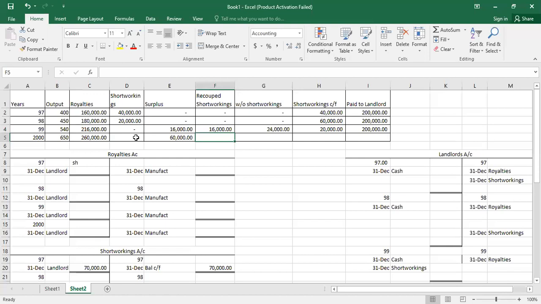We have only short workings of 20,000, isn't it? So although we have a surplus of 60, our short workings is the only thing that we can recoup, which is 20. So we are not writing off. So what are we going to pay to the landlord? You've recouped 20, we got 260. What are you going to pay to the landlord? 240, isn't it?